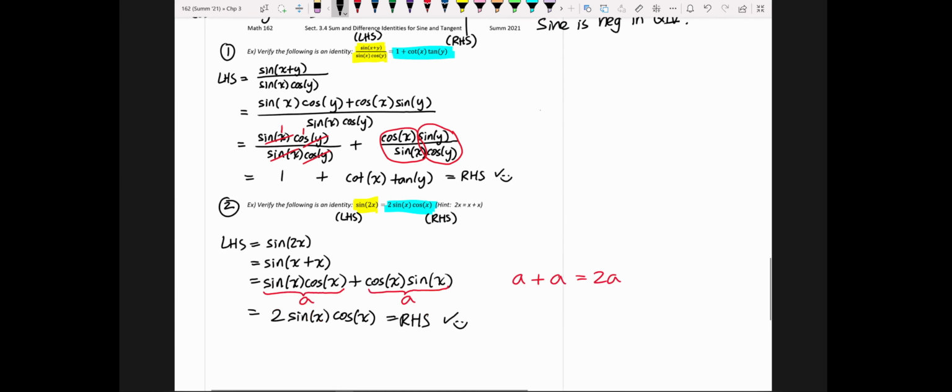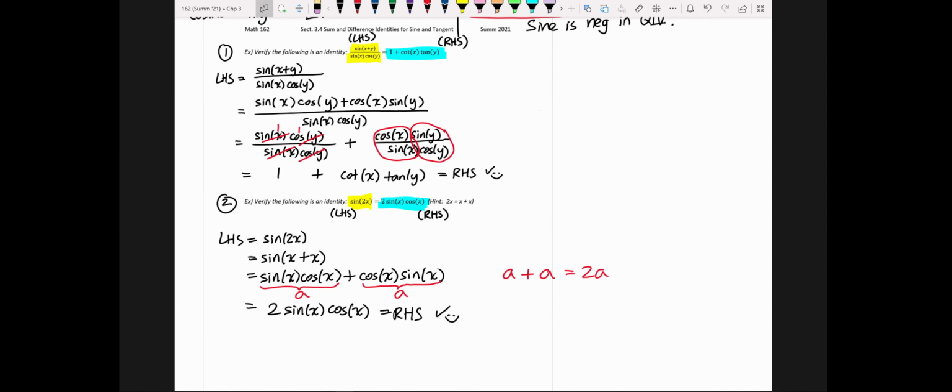Okay, remember that addition and multiplication are what we call commutative. So commutative means that 3 times 4 is equal to 4 times 3, or 3 plus 4 is equal to 4 plus 3, meaning if you change the order for multiplication and addition, it's still an equivalent expression.